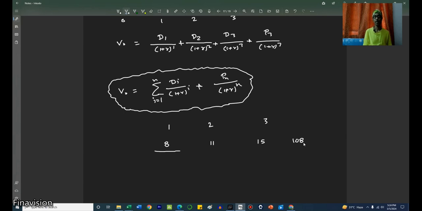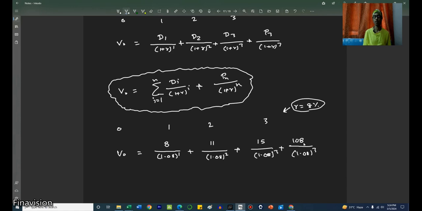So this becomes 8 by 1.08 to the power 1, because it is 1 plus r to the power 1, plus 11 by 1.08 to the power 2, where r is equal to 8%, plus 15 by 1.08 to the power 3, plus 108 by 1.08 to the power 3. This is going to be your value at t equal to 0, right?